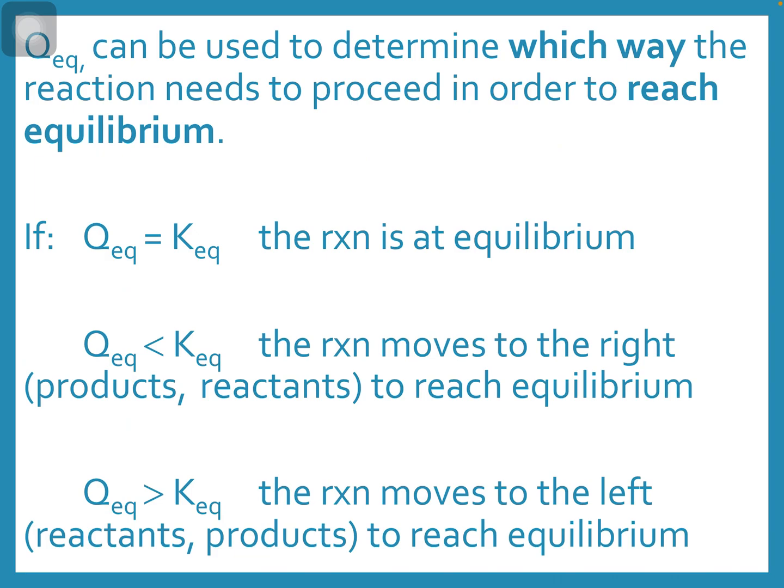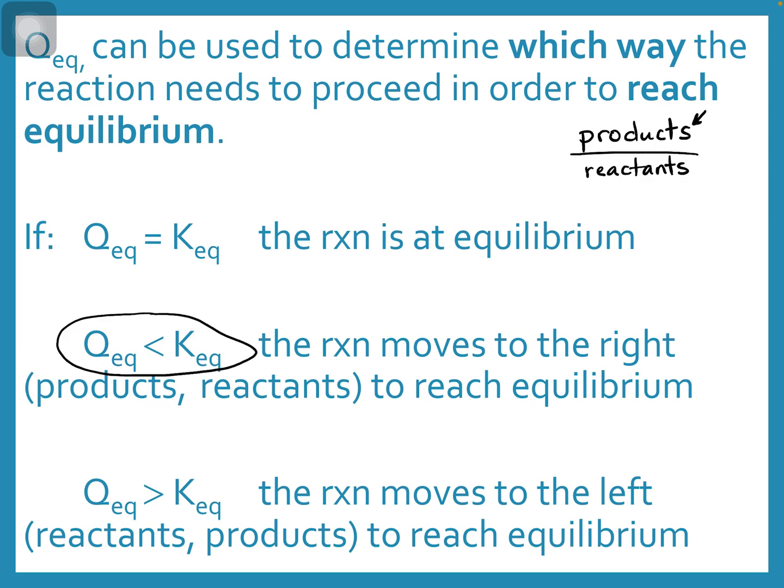If we think about the fact that both QEQ and KEQ are products over reactants, then if QEQ is smaller, looking at this one first, we need the top number to get larger.